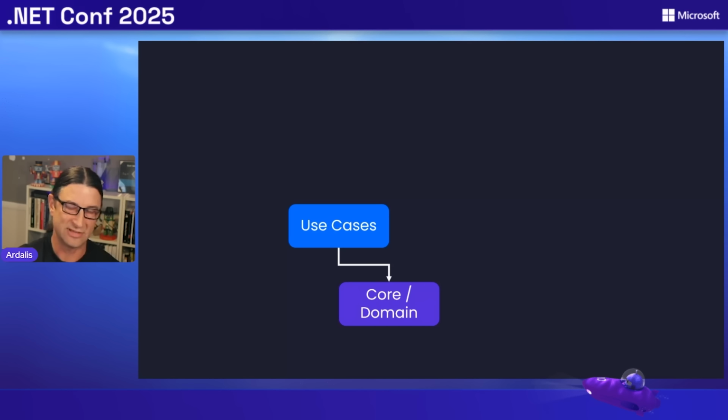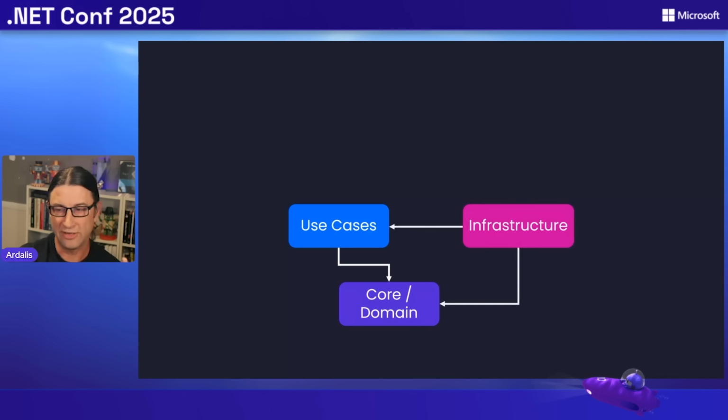Some of them are going to sound very much like CRUD, like create, read, update, delete operations, but others could be more business logic or in the business domain terminologies, right? But a use case is going to generally correspond to an action a user might take when working with the application.